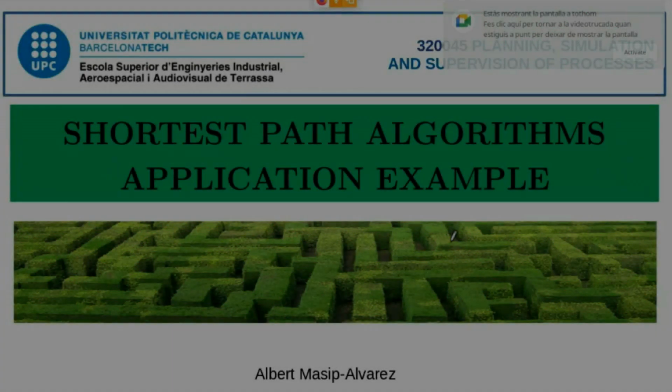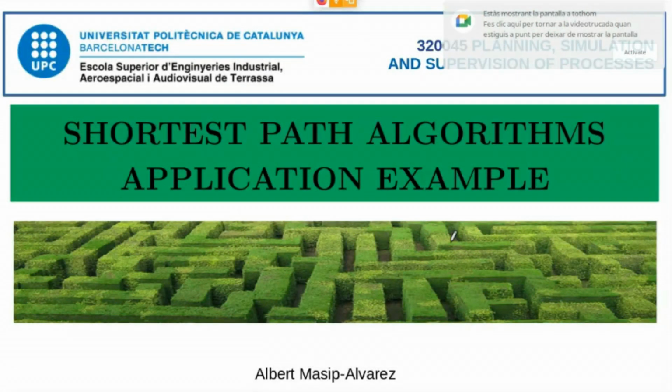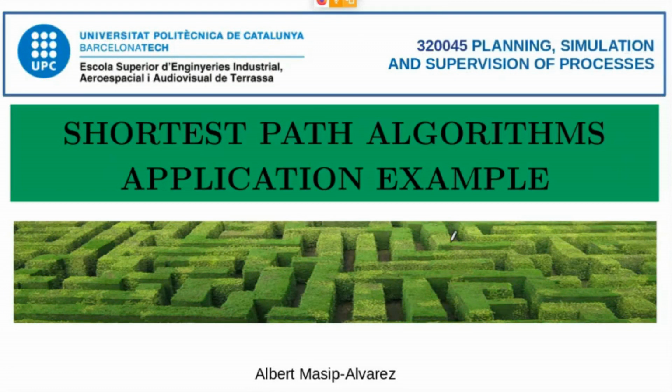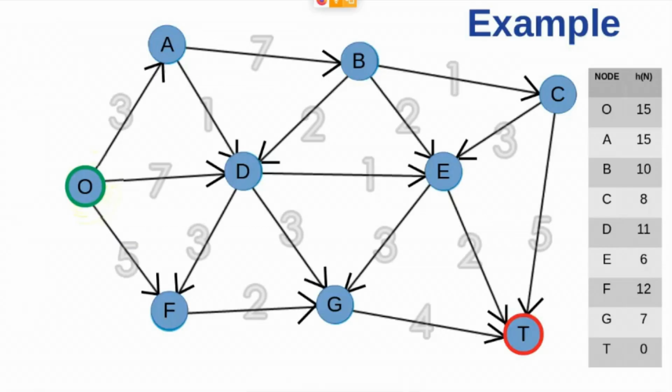Well, so now we're gonna have a look at an application example of shortest path algorithms. We're gonna use the greedy algorithm, and on the other hand, we're gonna use the Dijkstra algorithm. Well, the example is as follows.